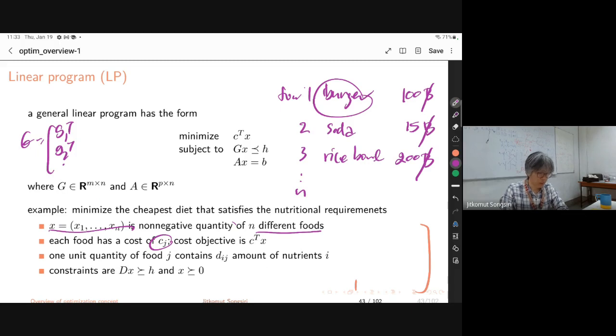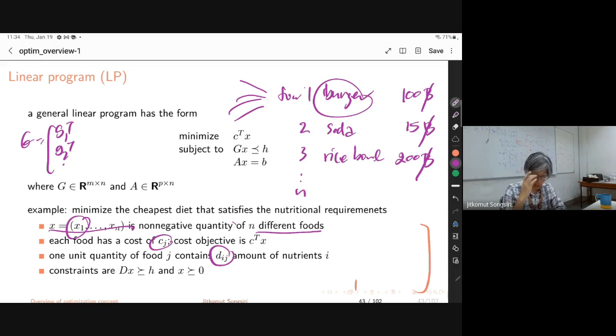And then xj is going to be a quantity of the jth food, which means how many burgers should I have, how many rice bowls should I have. If 1 unit of food gives you a certain portion of nutrients, okay, we come up with a notation Dij.